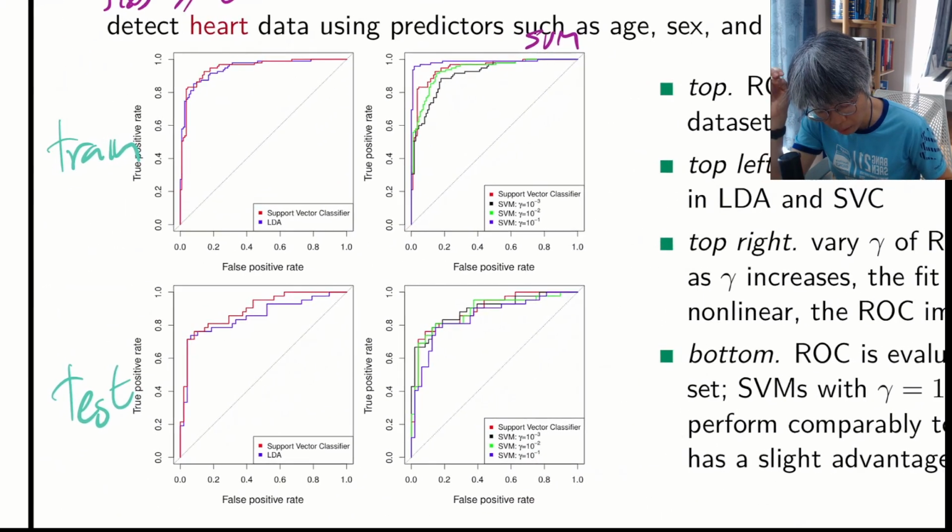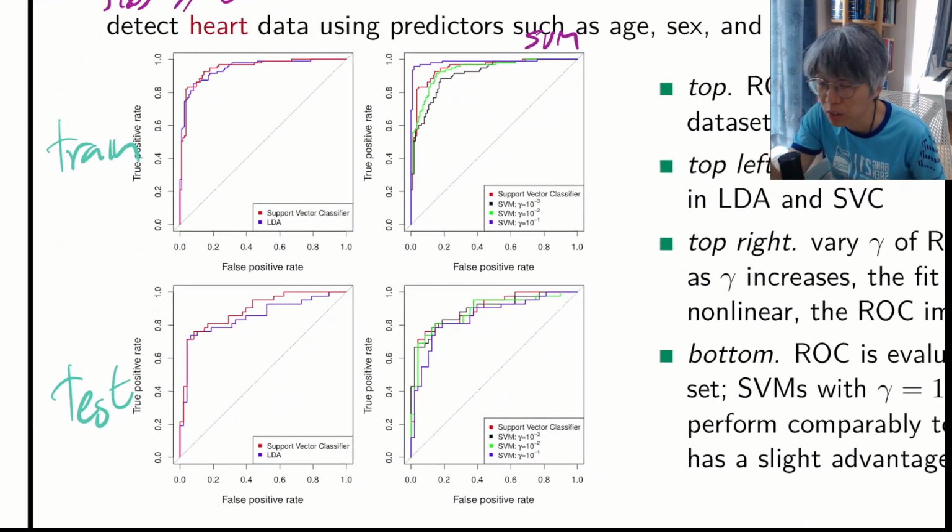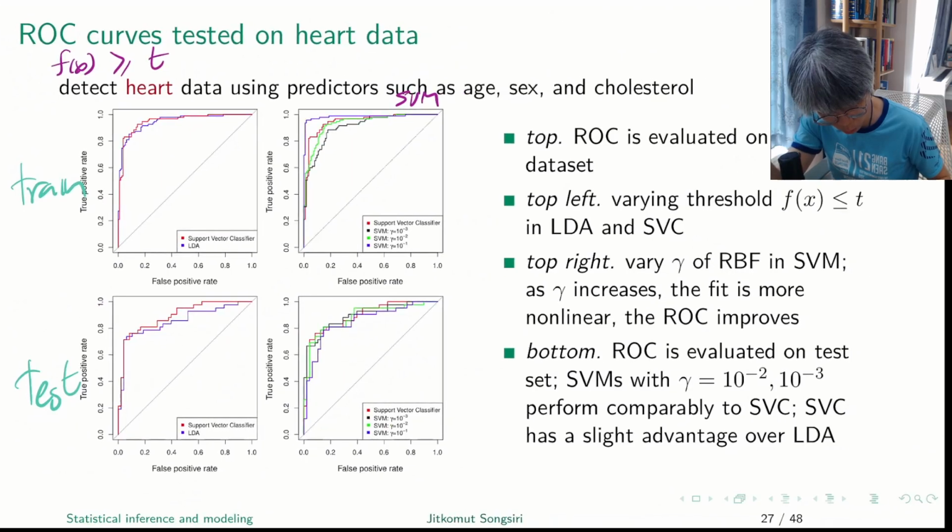So to make a fair judgment about a classifier, first of all, you need to look at the test results. And this experiment just shows that the parameter of your kernel function, gamma here, needs to be tuned. And we can do this using cross-validation.